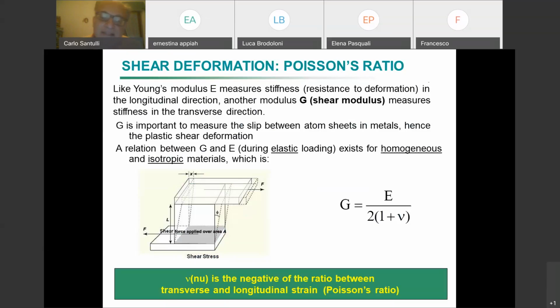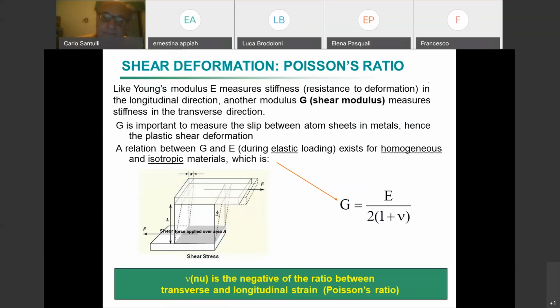You have this relation: G is equal to E divided by 2 multiplied by (1 plus nu). Nu is the negative of the ratio between transverse and longitudinal strain, and is called Poisson's ratio. In practice, Poisson's ratio, in most cases, takes values between 0 and 0.5. This is an example of how a shear test is carried out.